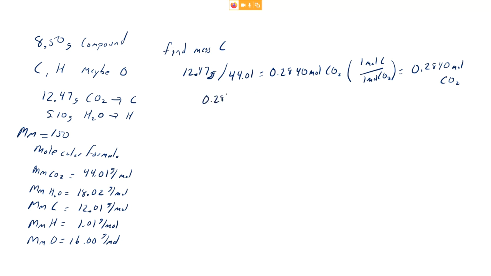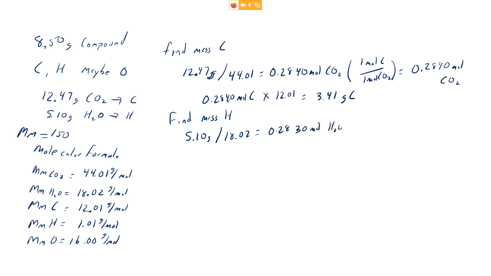So then I have 0.2840 moles of carbon times the 12.01, and I get 3.41 grams of carbon. And I need to do the same thing for hydrogen, so I need to find the mass of hydrogen. So I'm going to start with the 5.10 grams divided by the 18.02. And that gives me 0.2830 moles of water.